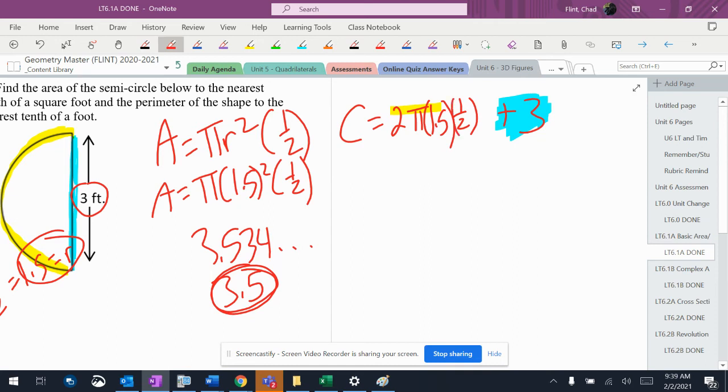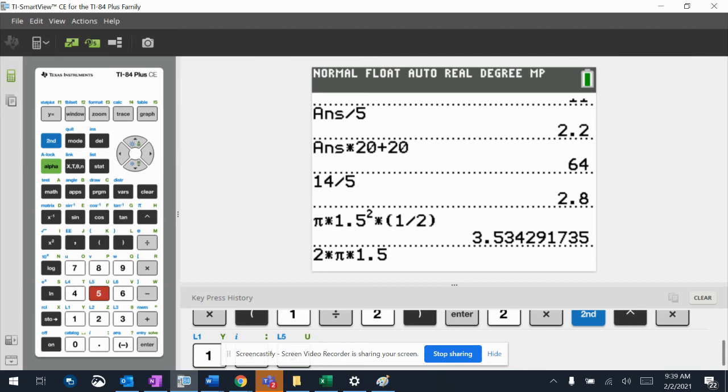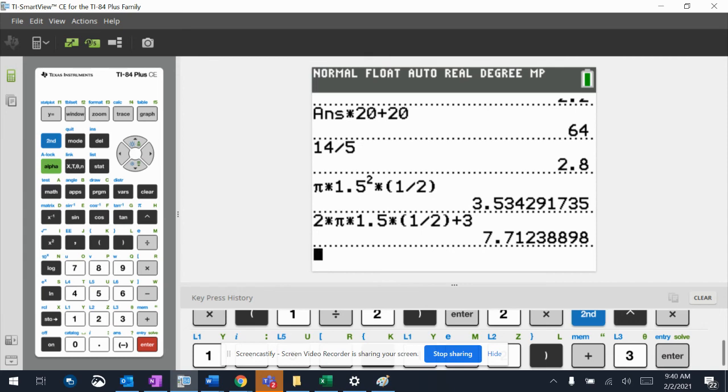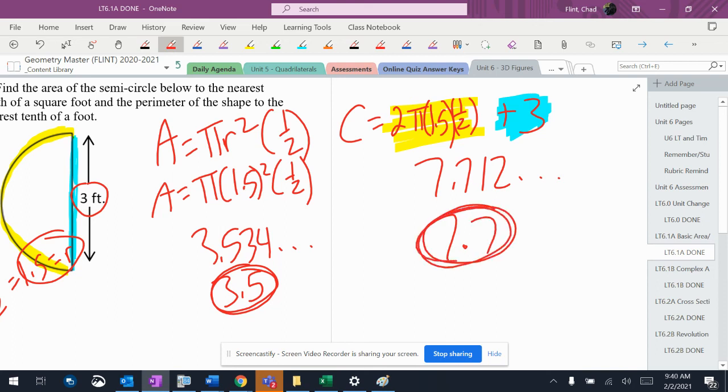Sorry, 2 times pi times 1.5 times a half, then I'm going to do lazy again, times a half, plus 3. All right, so that's everything. So the perimeter of that thing is going to be 7.712, and it says nearest tenth also, so that is 7.7.